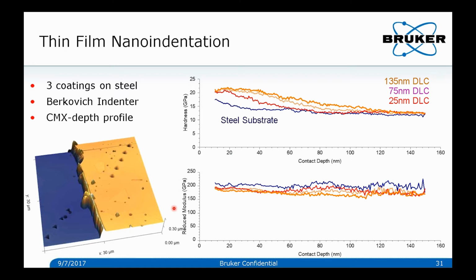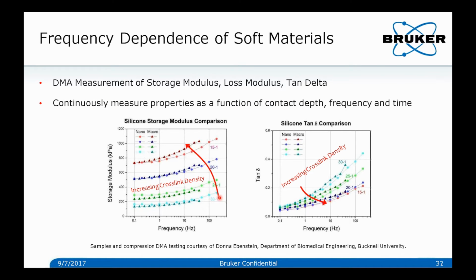In terms of modulus, on this set of samples, we don't see a lot of difference or depth dependence as we go. If we compare our technique to the macro scale dynamic mechanical analysis, you see good correlation if you're looking at bulk materials. So this is comparing nano to macro measurements for silicone material.